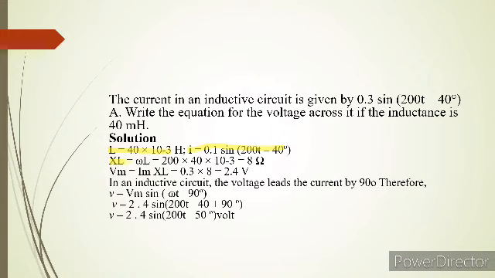XL equals omega L, that is 2 pi f L. Here they have given the omega value itself instead of the frequency, omega t is 200, so I have taken 200 directly. 200 into 40 millihenry, we get 8 ohms.